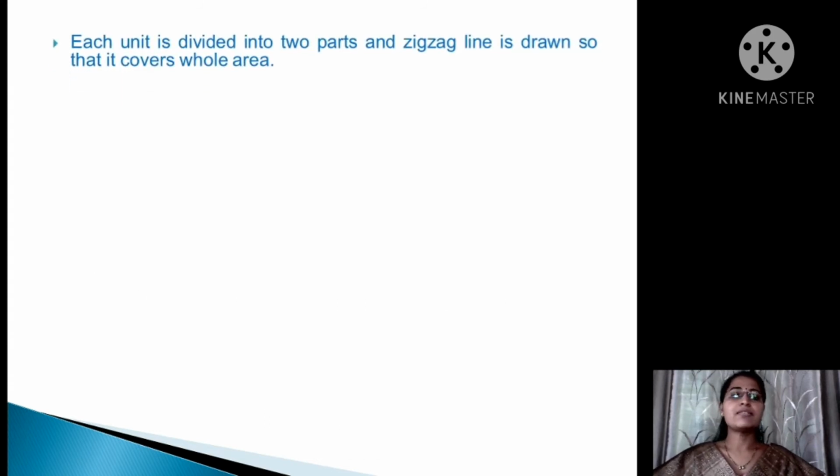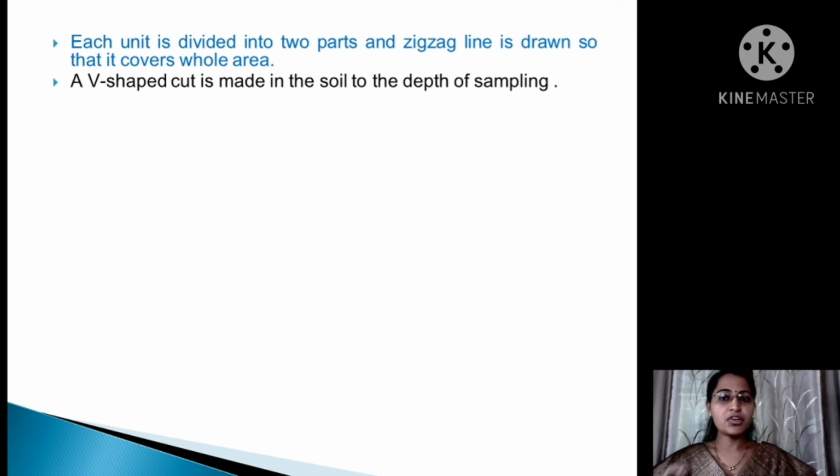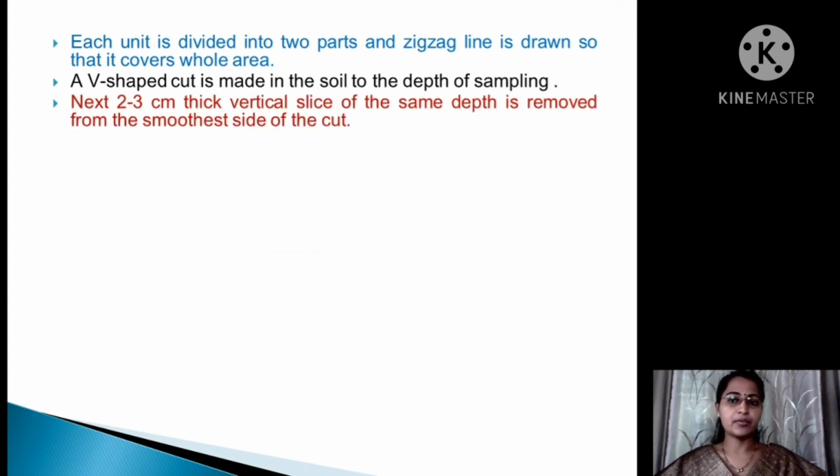Each unit is divided into two parts and zigzag line is drawn so that it covers whole area. A V-shaped cut is made in the soil to the depth of sampling. Next, 2 to 3 cm thick vertical slice of the sample depth is removed from the smoothest side of the cut.